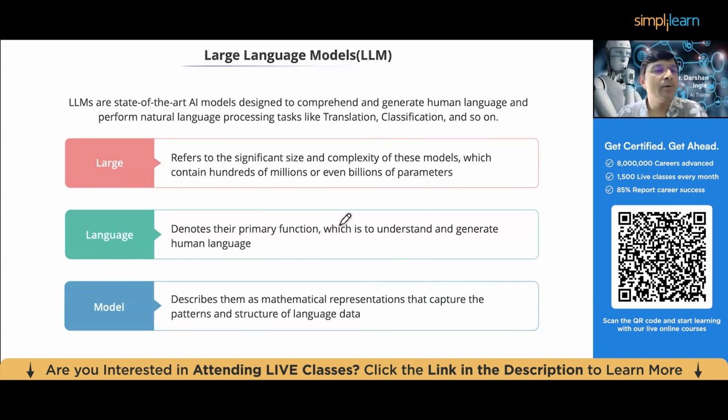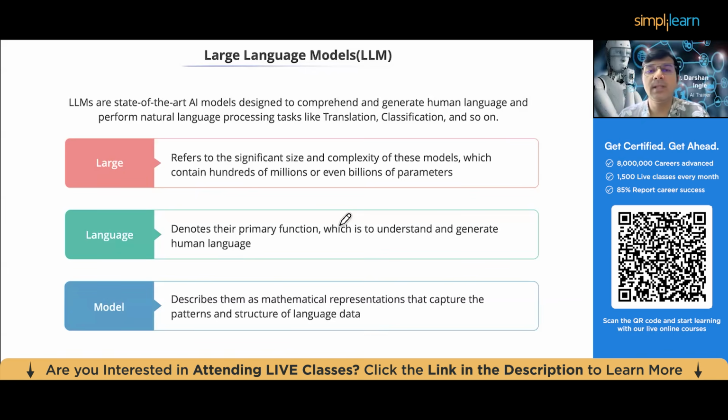So if you look at GPT-3, it is a 175 billion parameter model, which gives it the capability to generate paragraphs that are almost indistinguishable from human writing. If you compare that with older models like LSTM from the 1990s, which had very few million parameters, that's the leap LLMs represent.